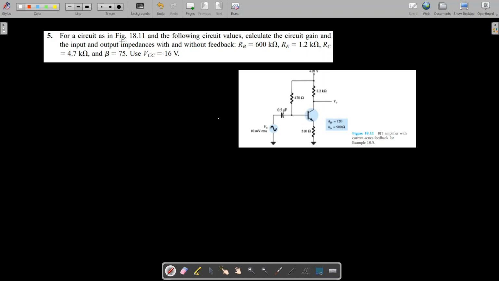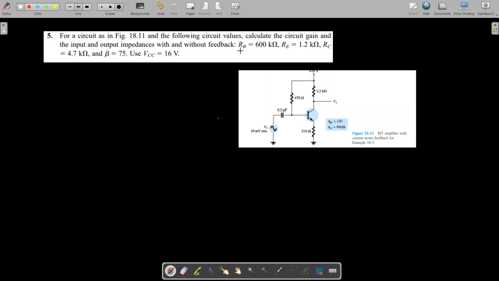It says that for the circuit in figure 18.11, and this is your circuit of figure 18.11, and the following circuit values, calculate the circuit gain and the input and output impedance with and without feedback. So we need to find the gain without feedback and gain with feedback. Similarly, we need to find the input impedance with and without feedback and the output impedance with and without feedback.